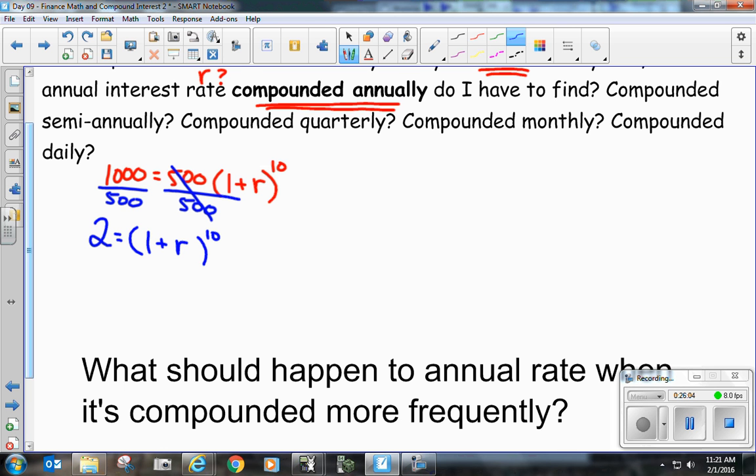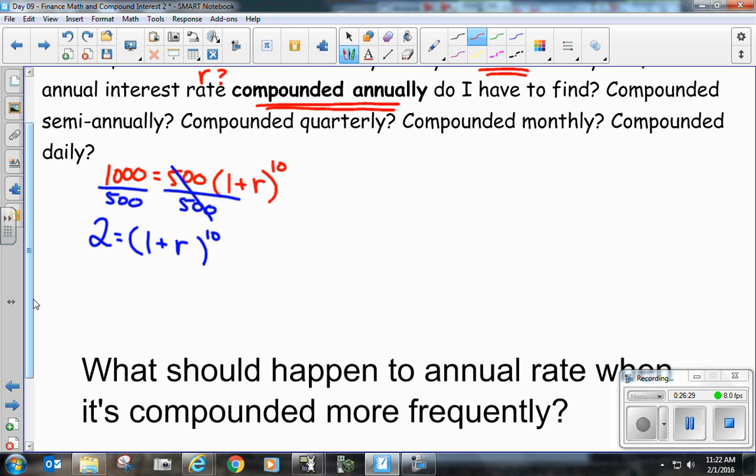Oh, I can't just subtract 1. I got to get rid of the exponent. What do I do? ln? No, that'll bring the 10 down, but then I have the ln of 1 plus r, and I got to get rid of that. Next to an e, which is crazy. If that was squared, how do I get rid of a square? So if it's 10, what do you think I do to get rid of 10?